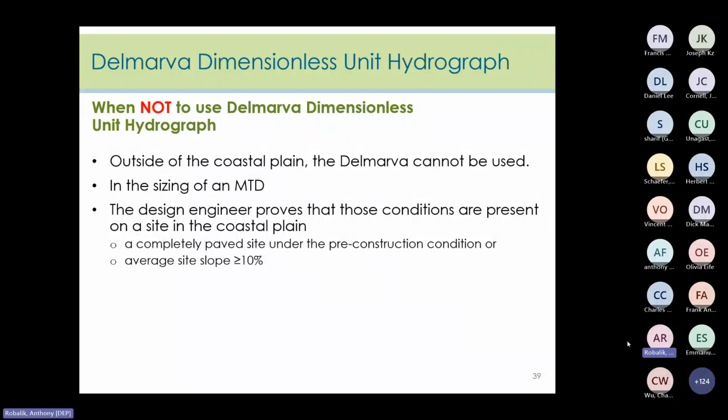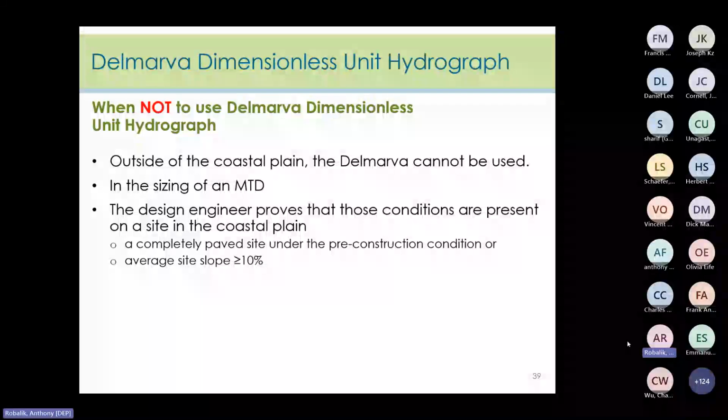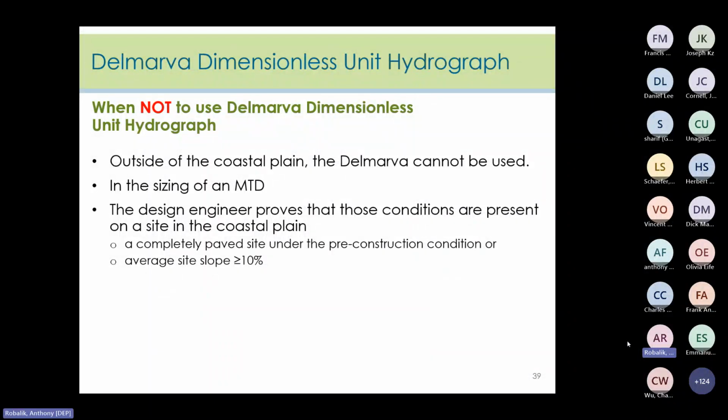So, when not to use the Delmarva dimensionless unit hydrograph. The Delmarva hydrograph must not be used outside the coastal plain of New Jersey. For another instance, use of the Delmarva unit hydrograph is not allowed when sizing a manufactured treatment device, or MTD, because it may underestimate the flow rates.